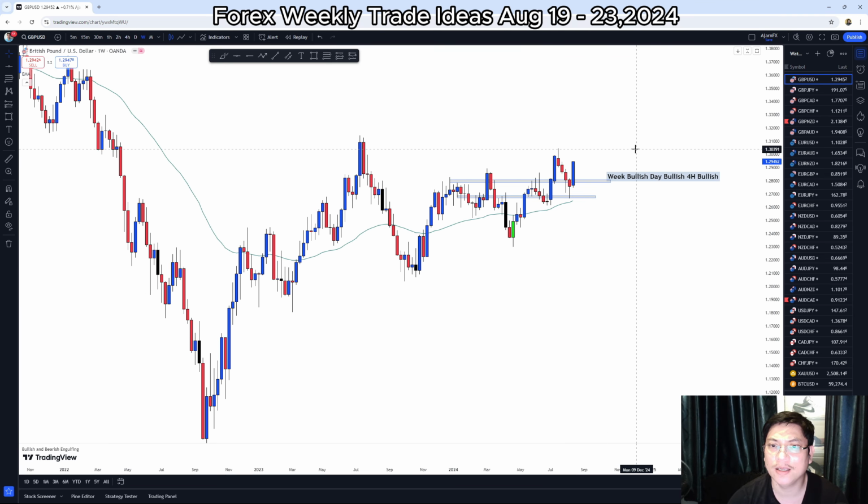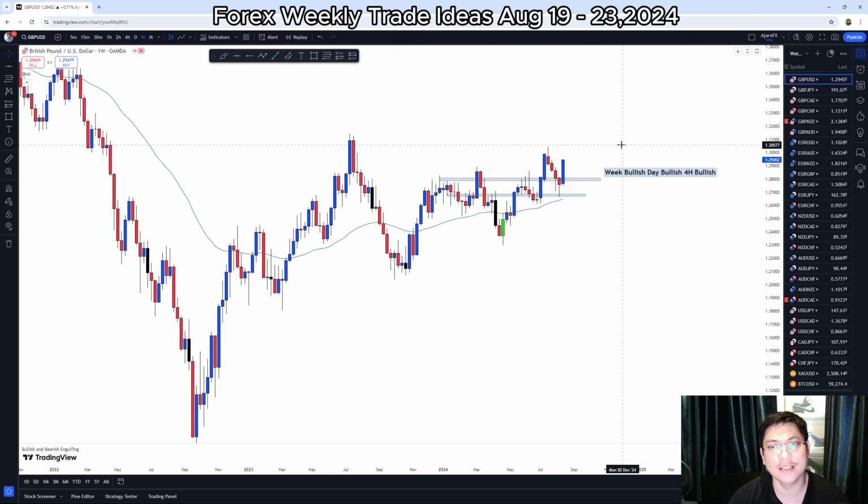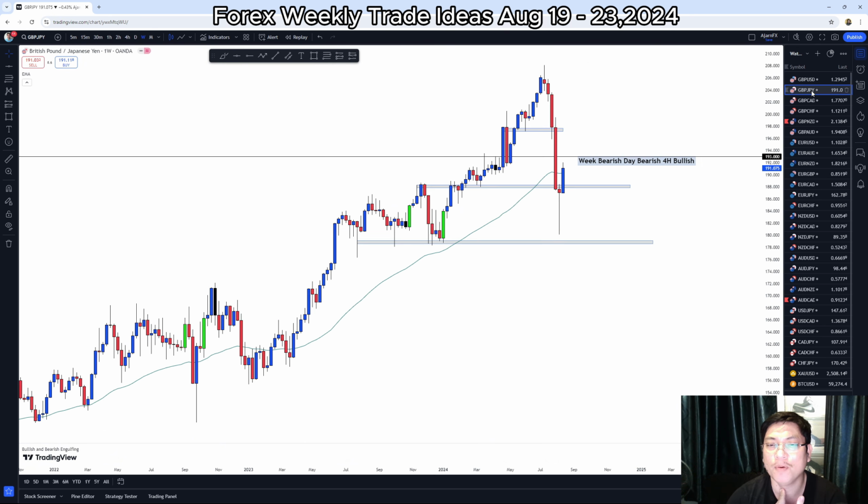It's in its bullish bias from weekly, daily, and 4-hour, but it needs confirmation before I decide to continue to the upside. So GBP USD for now, I'm going to wait for that. GBP JPY, let me just scan the weekly, and then we go to the daily after this one.